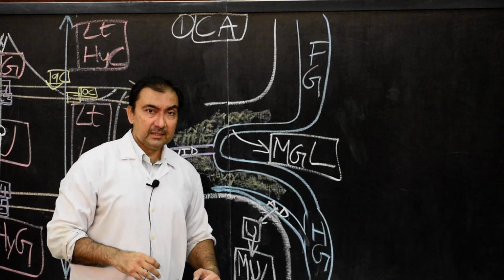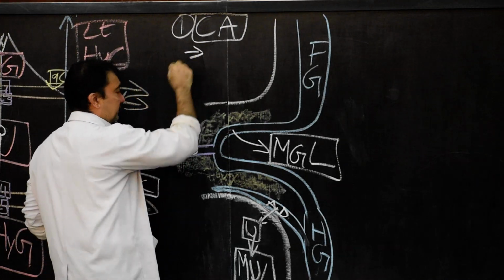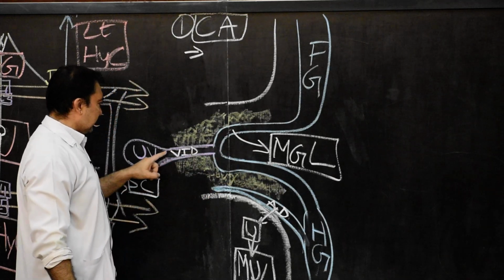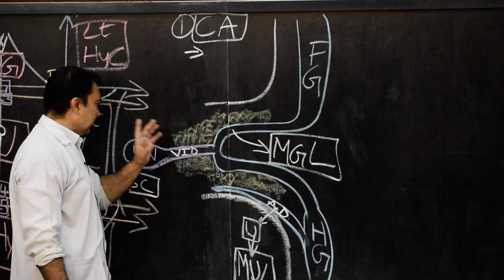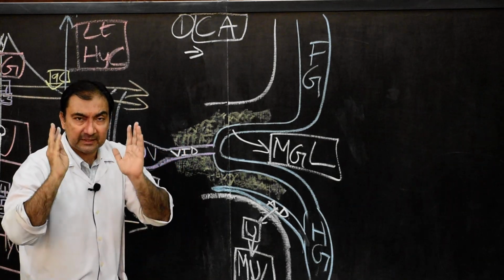Number one, the first congenital anomaly will be, here I write it as different arrows, the vitellointestinal duct. Please try and understand. Now this vitellointestinal duct has to disappear. Remember, I told you in 98% of cases it will disappear.